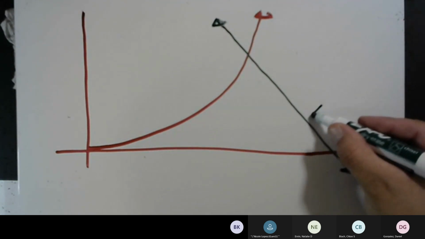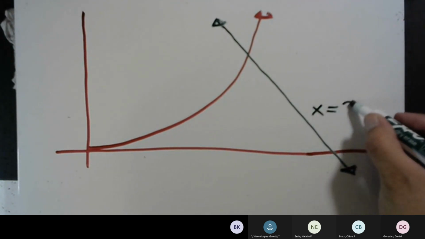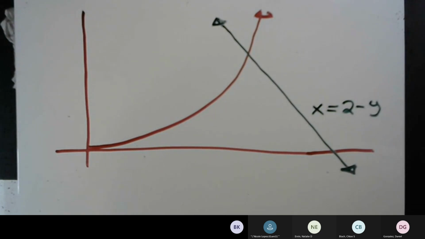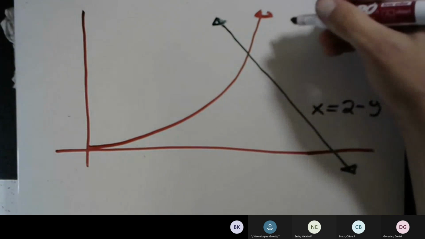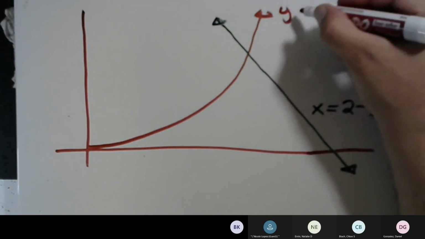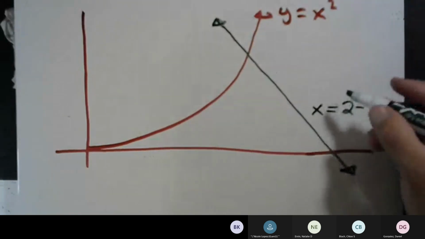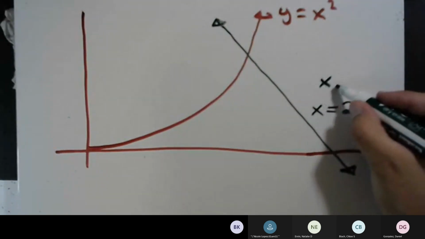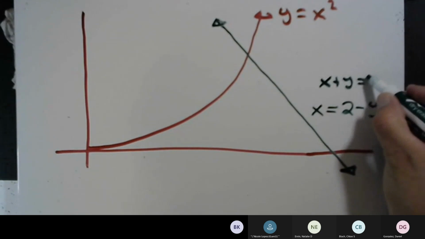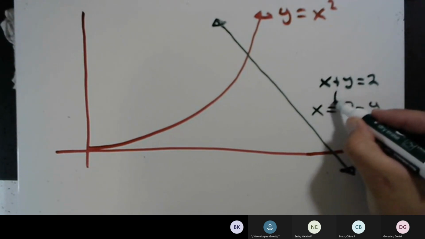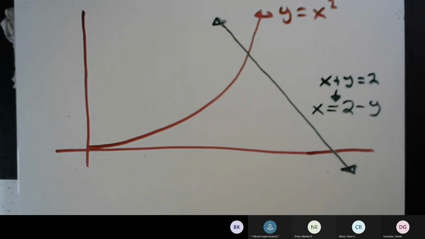And this is going to be x equals 2 minus y. And then for this one, which was y equals x squared. Now, this was x plus y equals 2, and it's going to become this function.